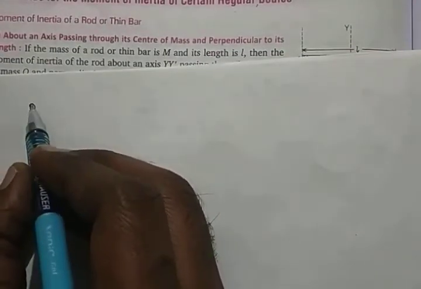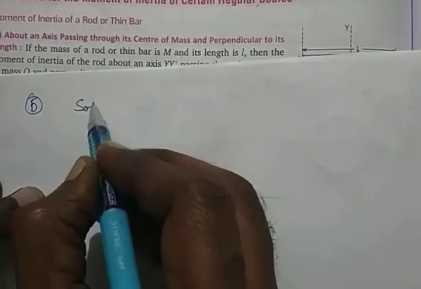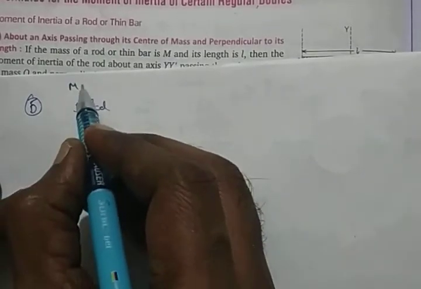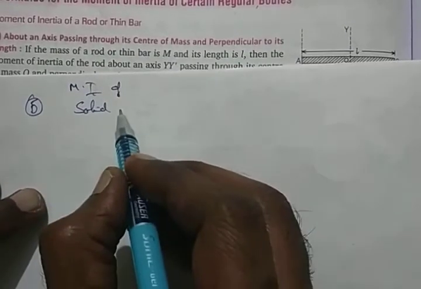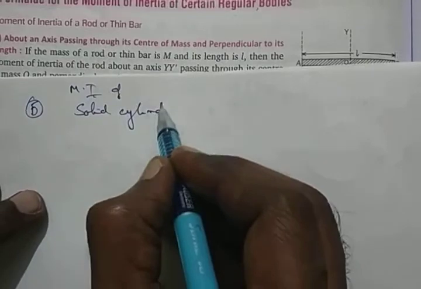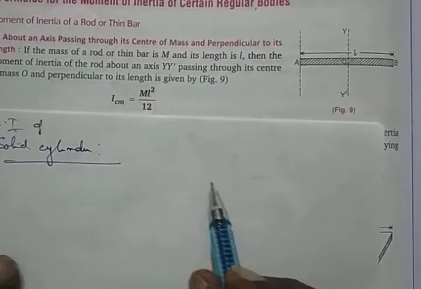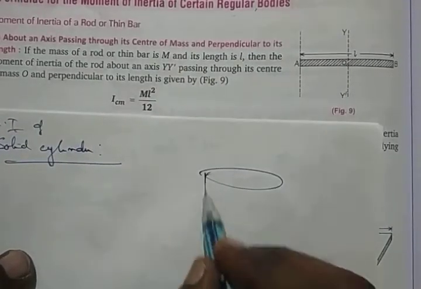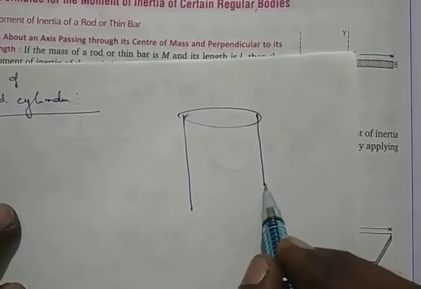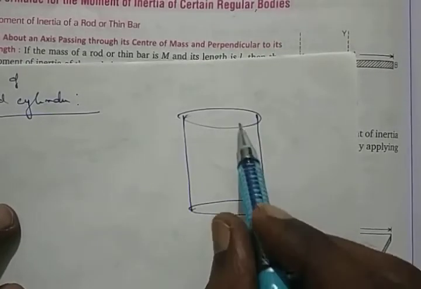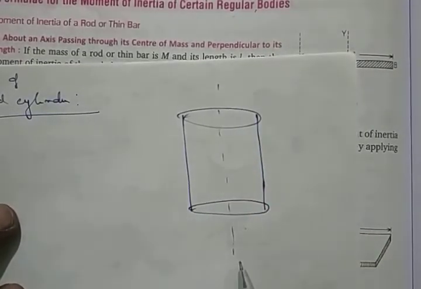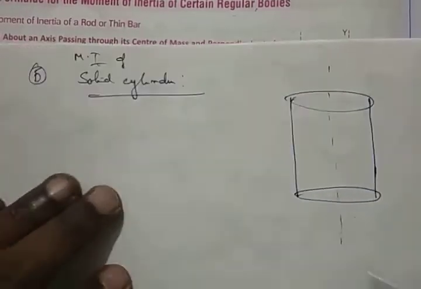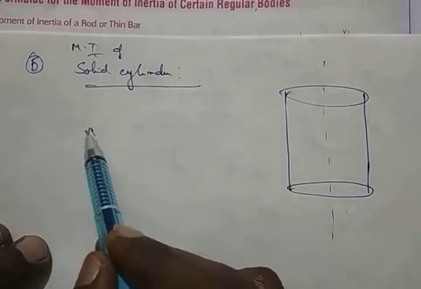If the cylinder is there, the axis could be this, or it could also be like this.